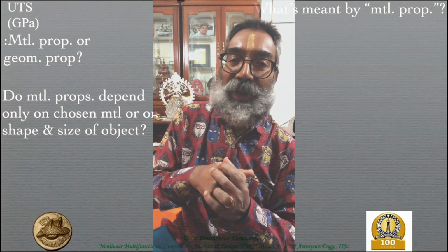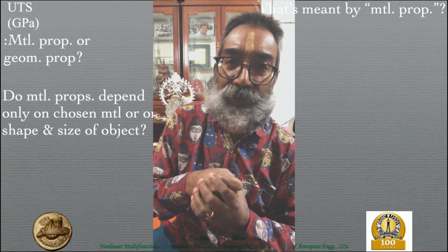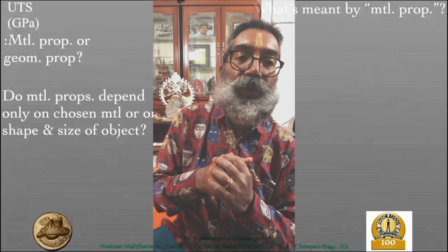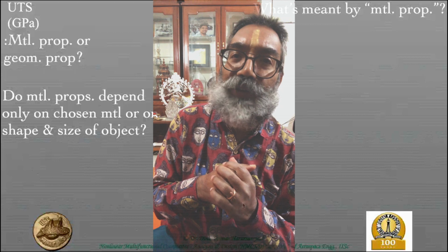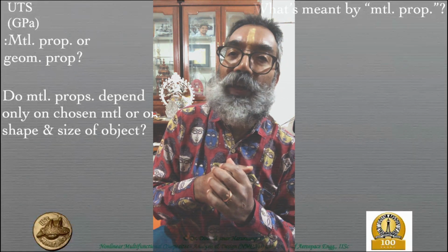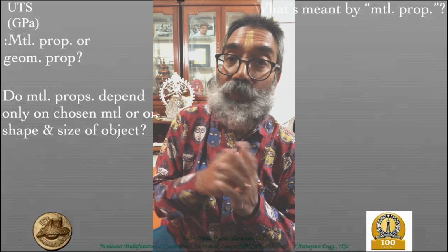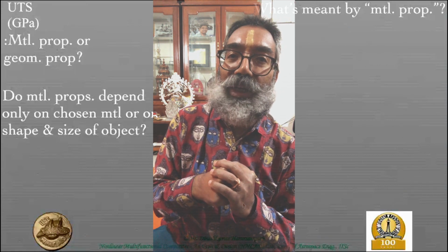If it's a metal specimen in tension, then the load at which it fails divided by the area of the cross section gives you the ultimate tensile strength. If you do it for different cross sections, you'll get a different load but the same ultimate tensile strength. And that is what you call a material property.